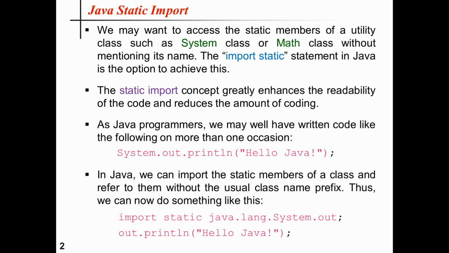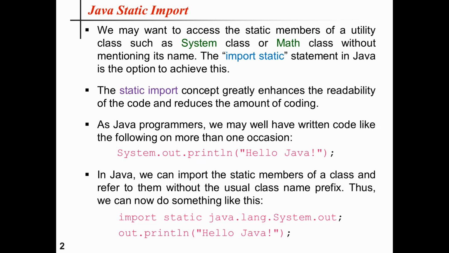The static import concept generally enhances the readability of the code and reduces the programmer's effort. As a Java programmer, suppose we are going to read this particular code statement like System.out.println within double quotation marks "Hello Java". Now by using the concept of static import, we can rewrite the statement like this.